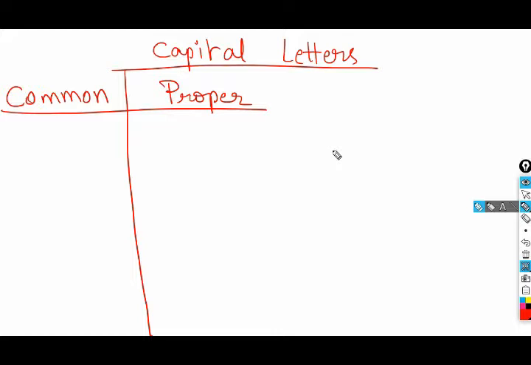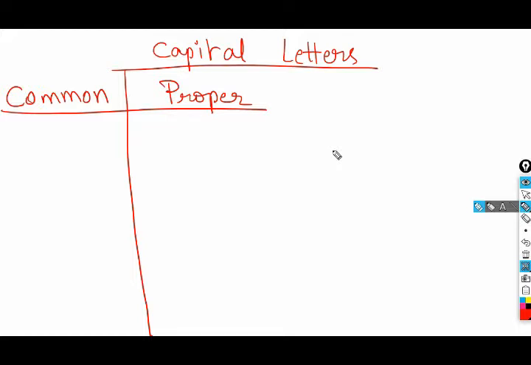No matter where its position is in the sentence, it is always written starting with a capital letter. So keeping this in mind, you will decide whether the words I give fall under common or proper.